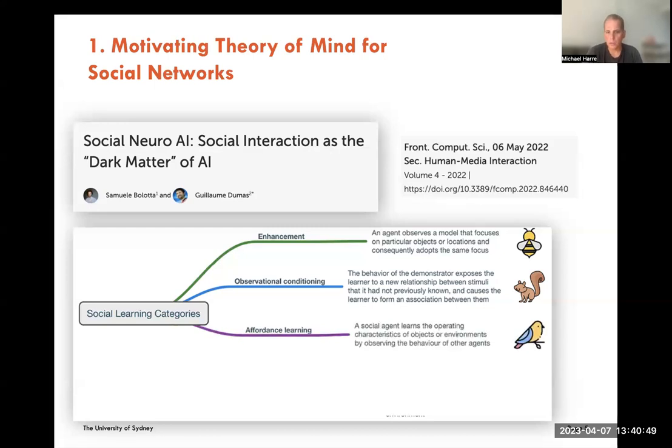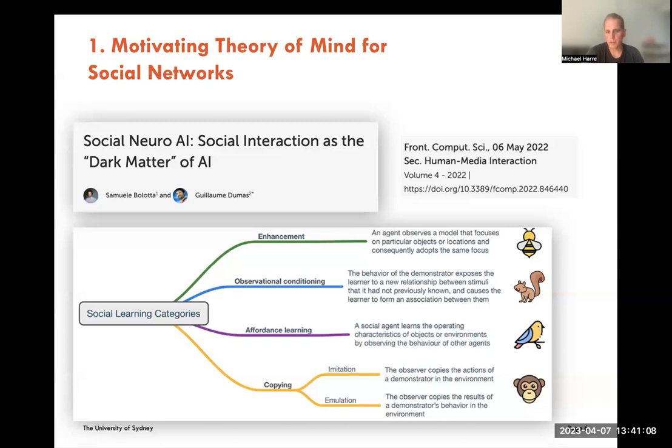Affordance learning is where an agent learns the characteristics of an object and through observing those characteristics is able to learn the new aspects of it which it can use in its own use of that object.